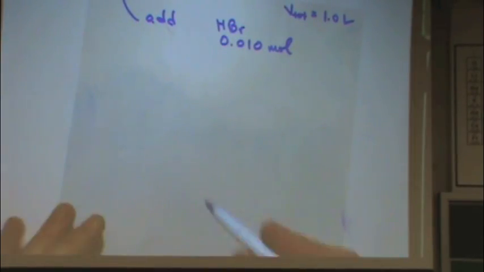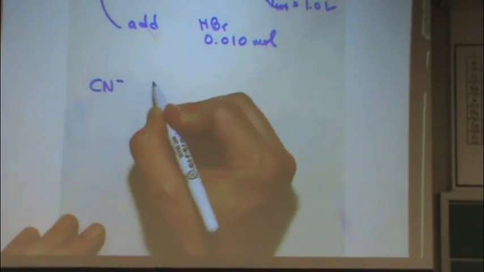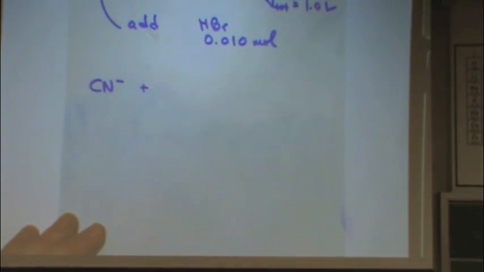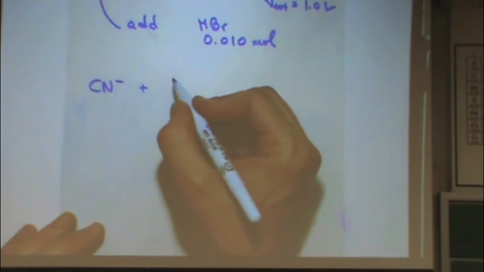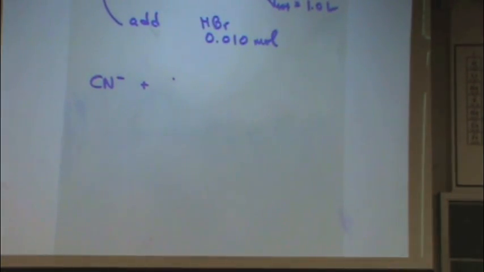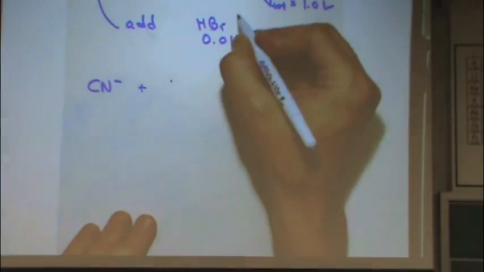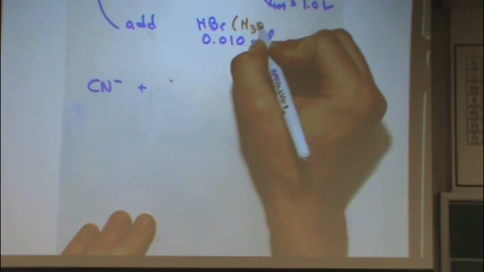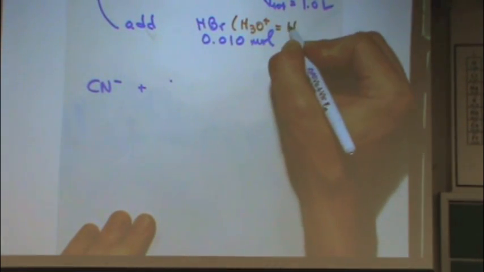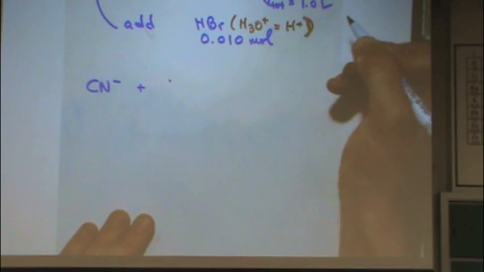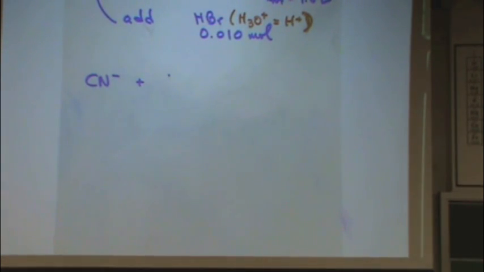And so we're going to have this kind of reaction, CN minus plus HBr, and remember, let's write this in a different color. HBr, when I see an acid, I'm really thinking H3O plus. And if you didn't realize this, H3O plus and H plus would be the same.